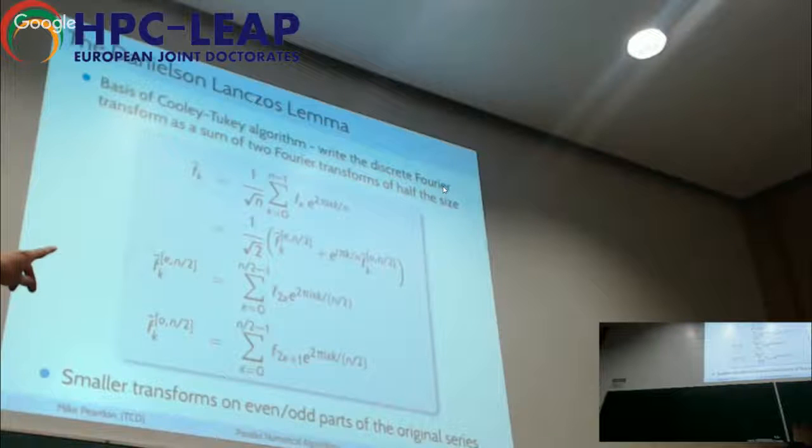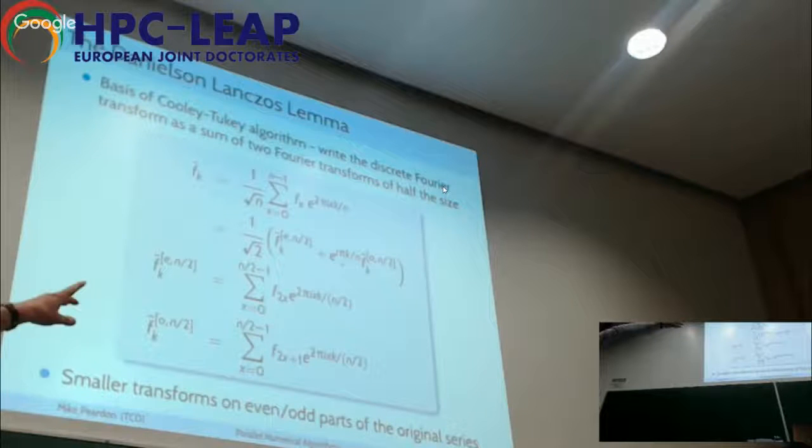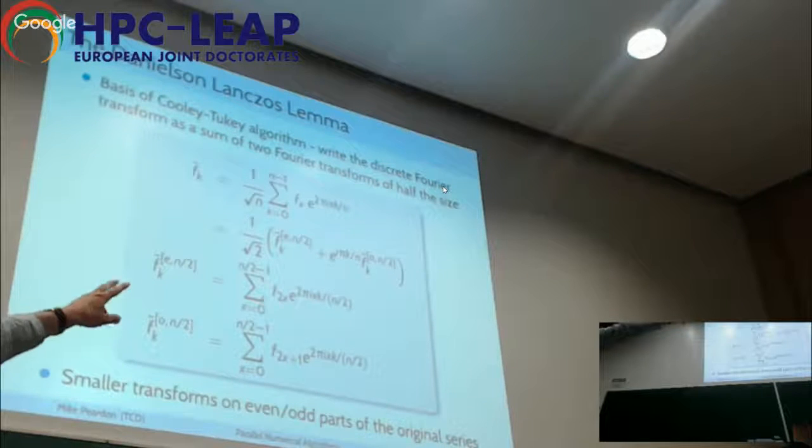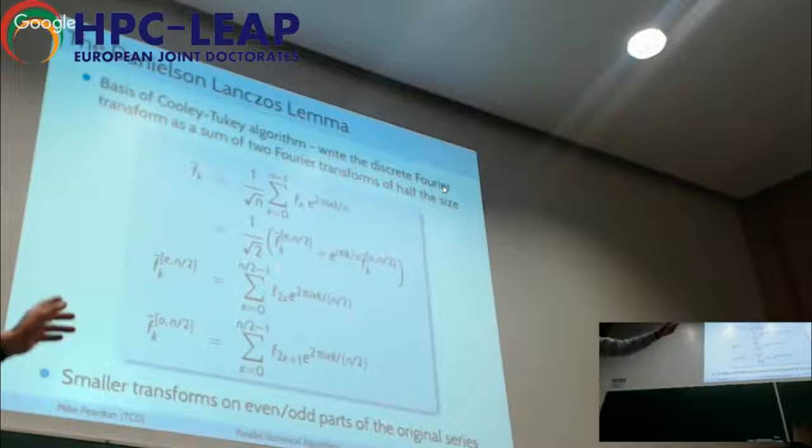This little phase factor appears in this expression. There it is. There's this little extra phase factor that appears waiting in front of the odd piece, but nevertheless that's fairly easy to combine and add in.